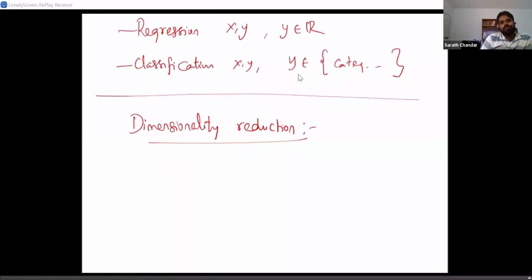First, let me define the problem and then motivate why this is important. Let's consider that I have some X, which is d-dimensional. Let X belonging to Rd be a random vector.